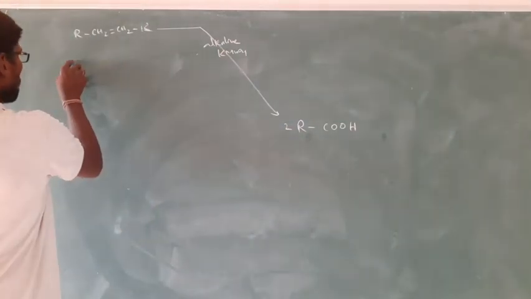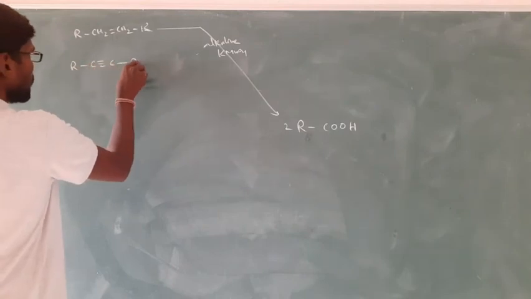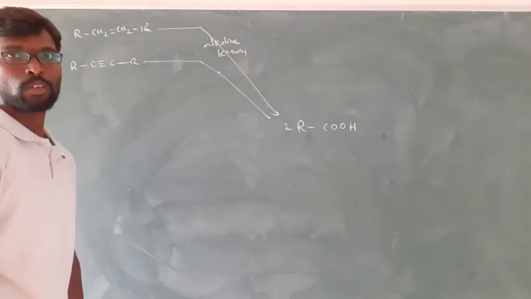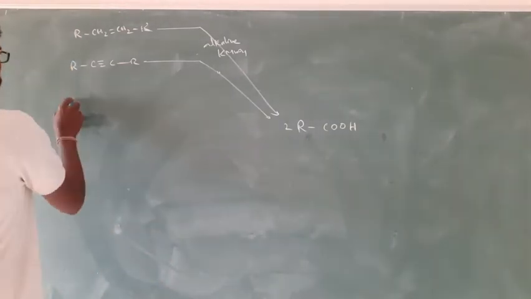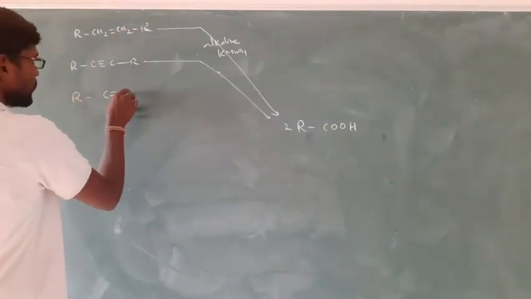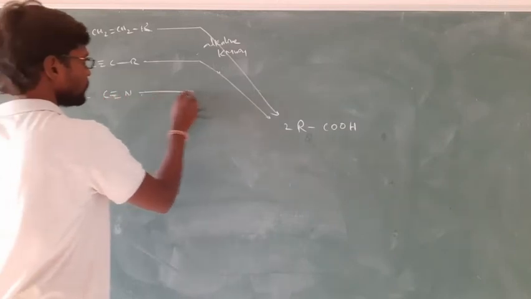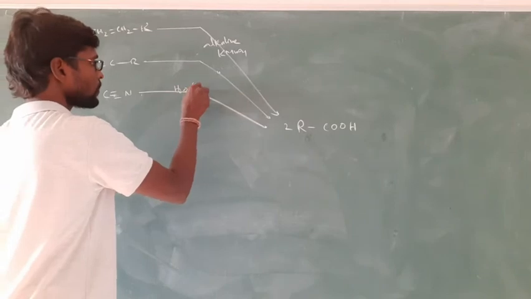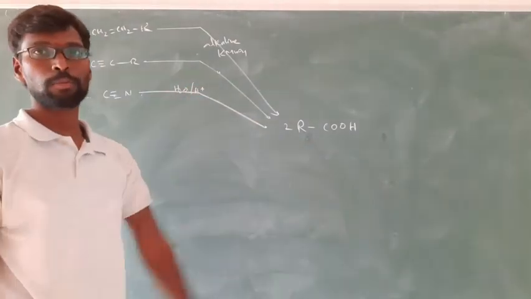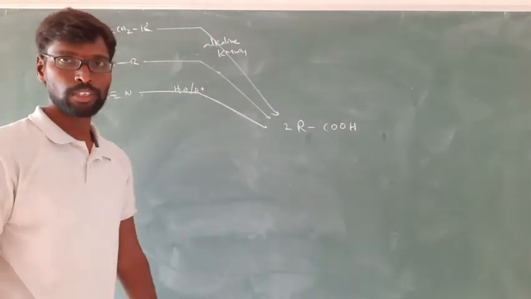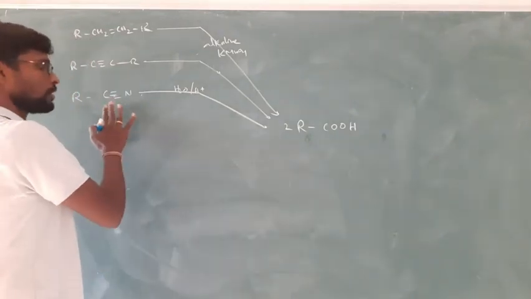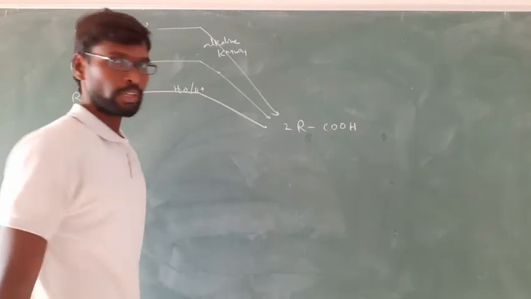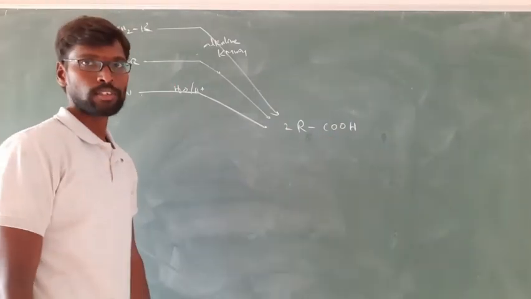The next, alkynes, RC≡CR, again with the same reagent, you will convert into carboxylic acids. The next, RC≡N, cyanides: if you do hydrolysis, you will get carboxylic acids again, and the byproduct is ammonia. If you hydrolyze these cyanides you will get ammonia as a byproduct, but our main product is carboxylic acid.